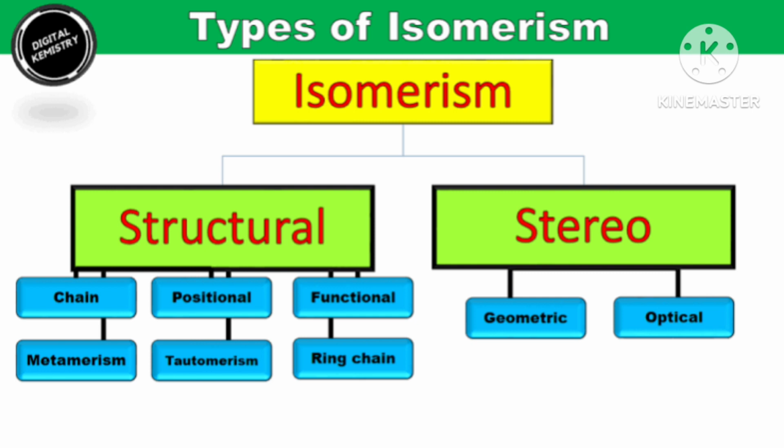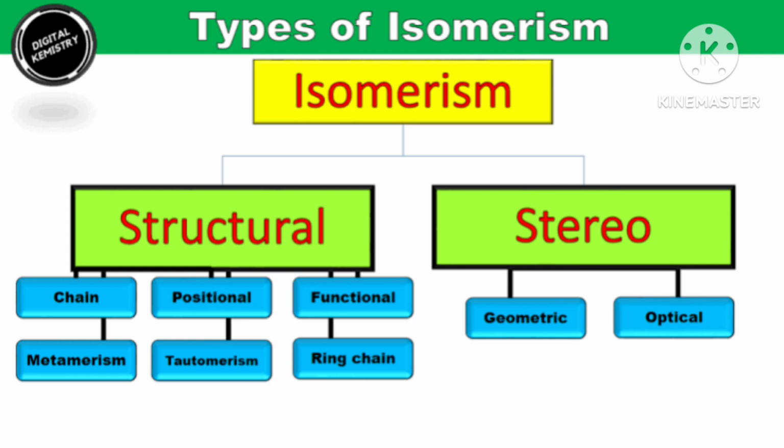Some typical examples of different types of structural isomerism I am telling you now. First is chain isomerism. As I told you, structural isomerism is divided into four: chain isomerism, position isomerism, functional group isomerism, and metamerism.